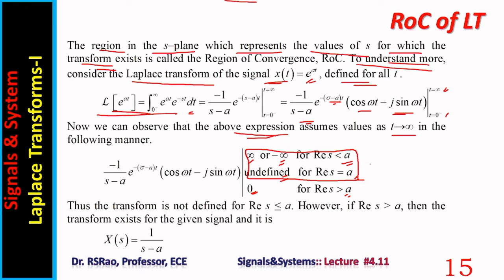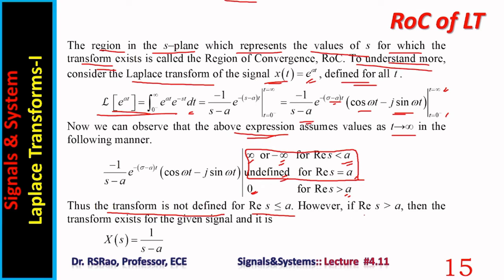It is meaningless when real s is less than a, and also when real s is equal to a. Thus, the transform is not defined for real s less than or equal to a. So the transform does not exist for real s less than or equal to a.